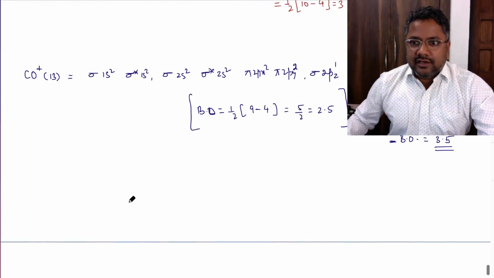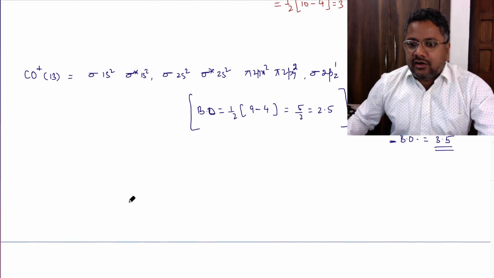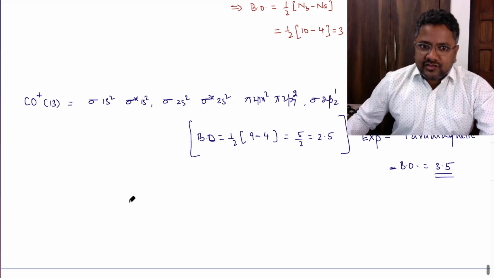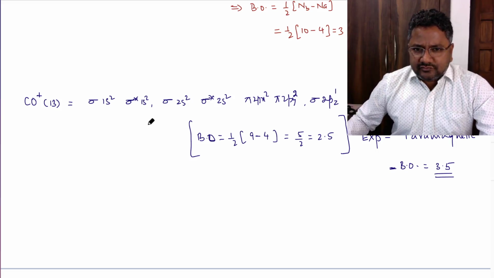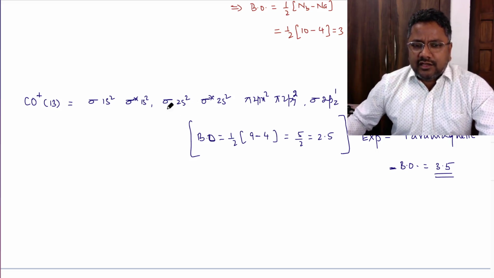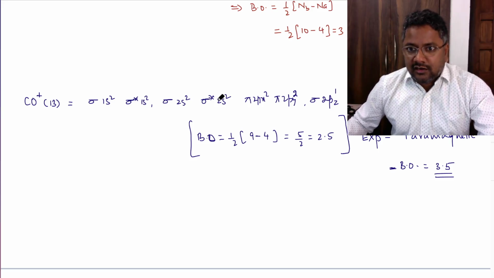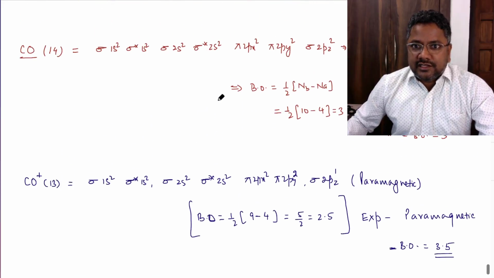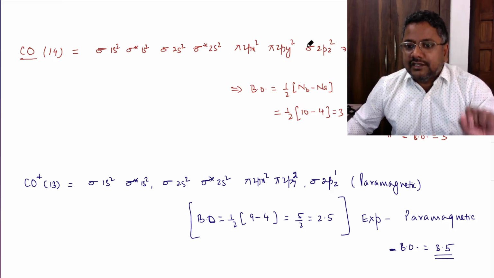But now you can see, I am showing you the exact experimental energy order of the different molecular orbitals. I'm not considering the 1s here, only 2s and the sigma. Basically, in the actual order, this sigma 2s anti-bonding molecular orbital has the highest energy.